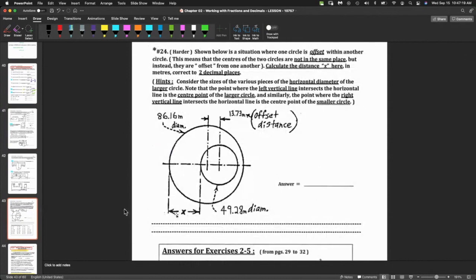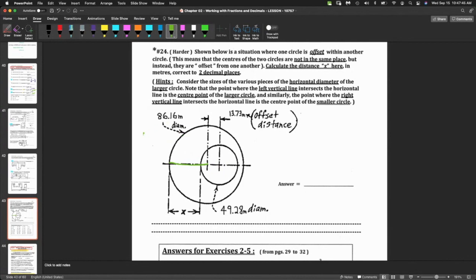All right, so this is the last question in the section. I was just messing around with it for about 2 or 3 minutes this morning. A couple things here. This length here in green is the radius of this big circle.